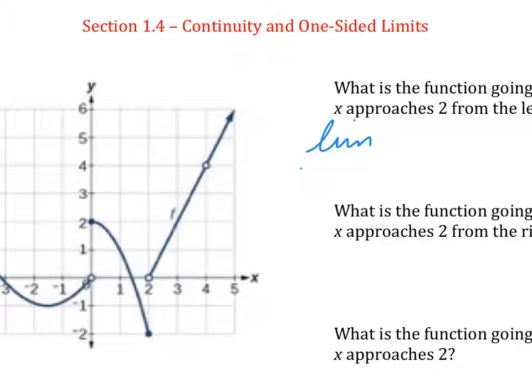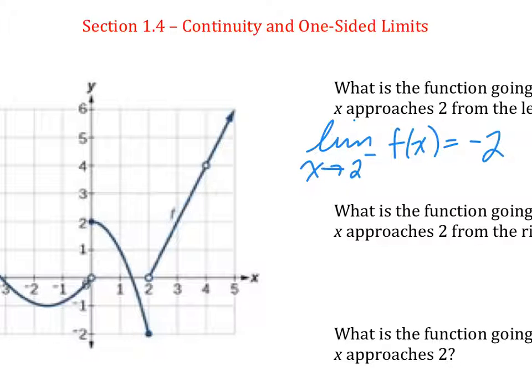So basically, where is the function going to as x is going to 2 from the left? -2. Okay, so going to 2 from the left is you look at the left-hand side part of the function. So the function is going to -2.